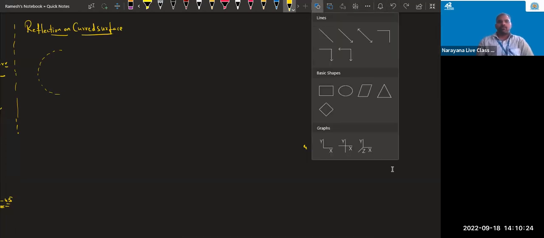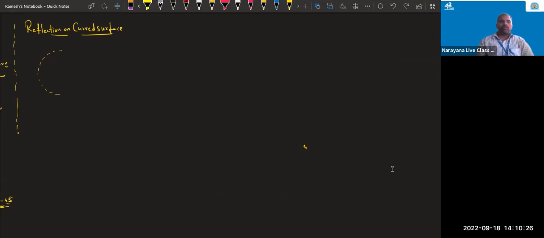What I will do? I will take one hollow sphere like this. This portion I will intersect. Be careful, it is not a circle. It is a perfect hollow sphere. I removed this portion. So what you will get?